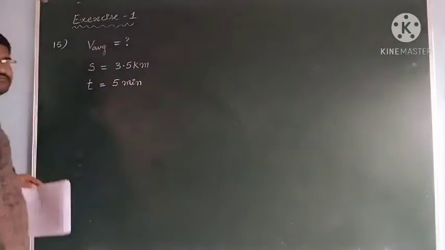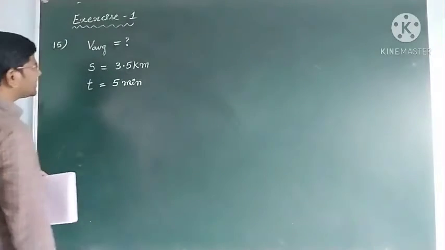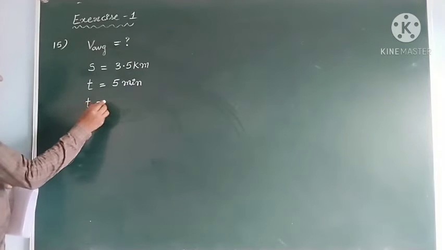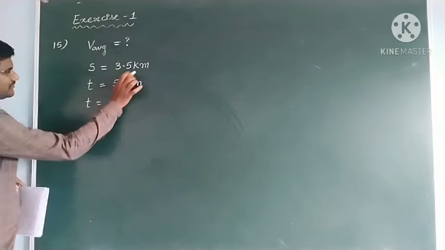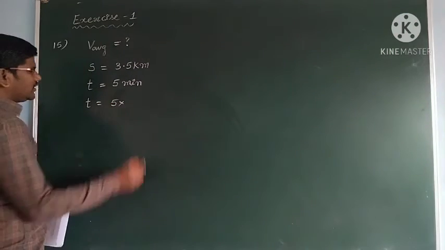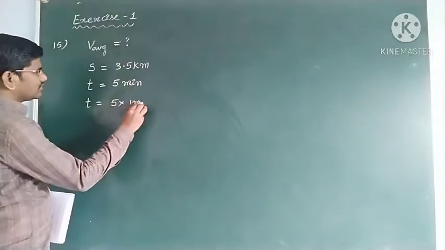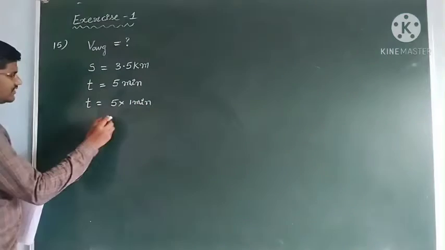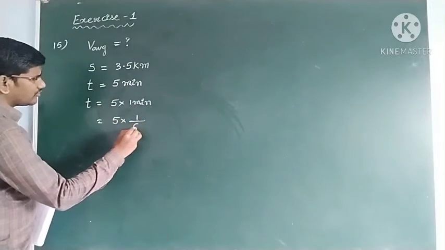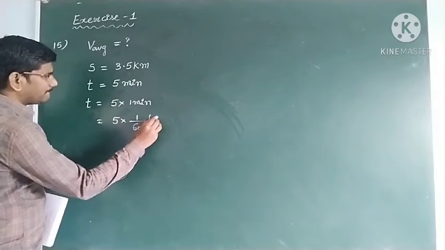Okay students, I will convert this time into hours. Time t is given in minutes, 5 into 1 minute. 1 minute is 1 by 60th of the hour.